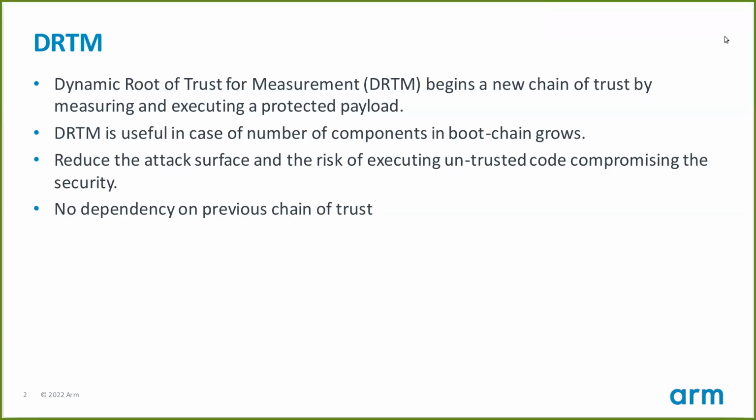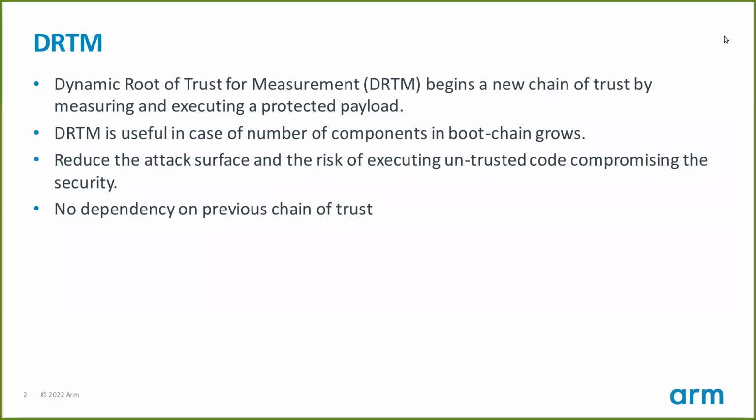So just a recap on DRTM. DRTM stands for Dynamic Root of Trust for Measurements, which begins a new chain of trust by measuring and executing a protected payload. This is useful for cases where the number of components during boot grows, in contrast with SRTM measured boot, where we can have a dynamically increased number of boot components.